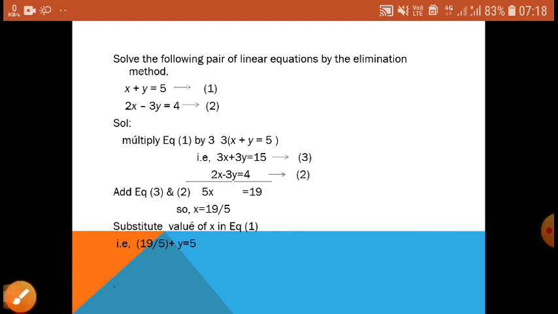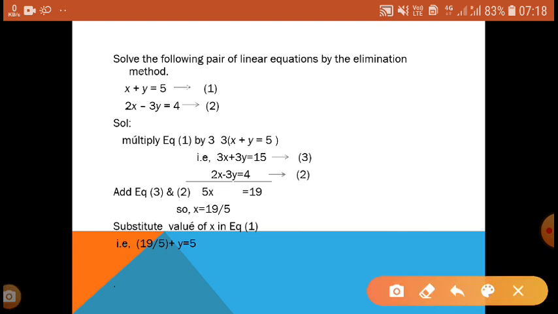By observing this, I'm going to make the coefficient of variable y equal. So I'm going to multiply equation 1 by 3.